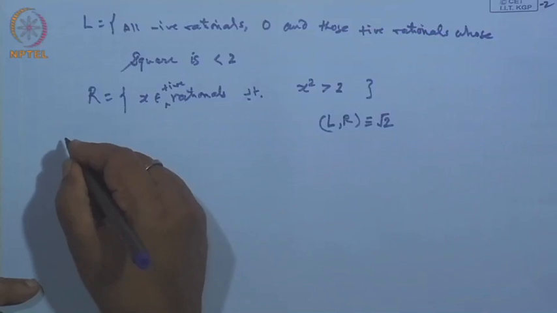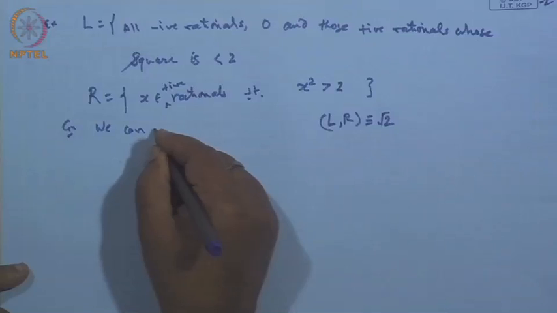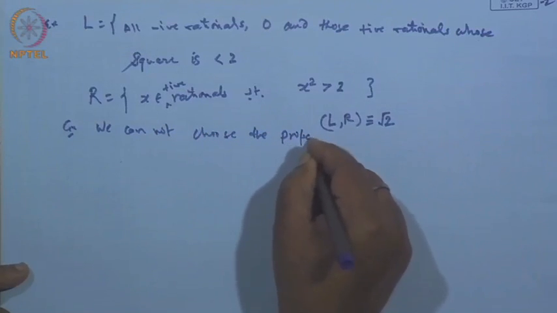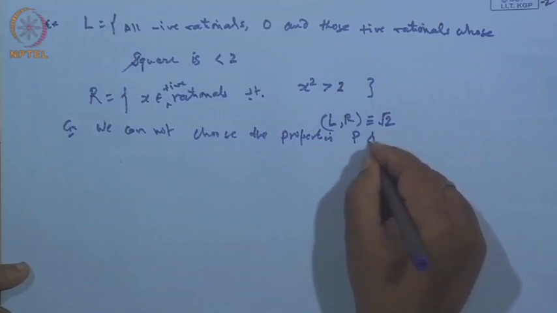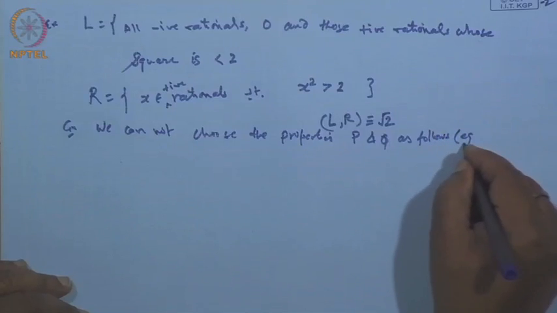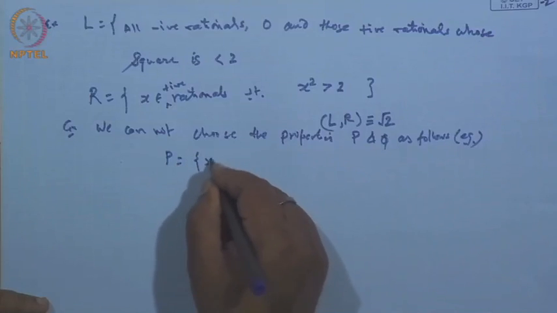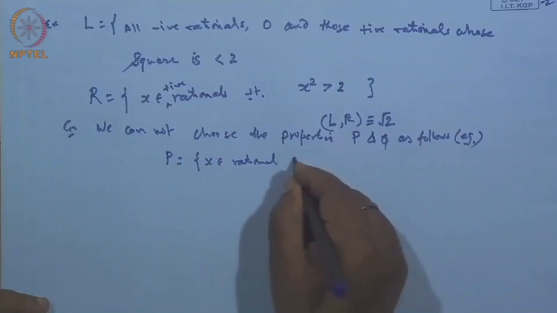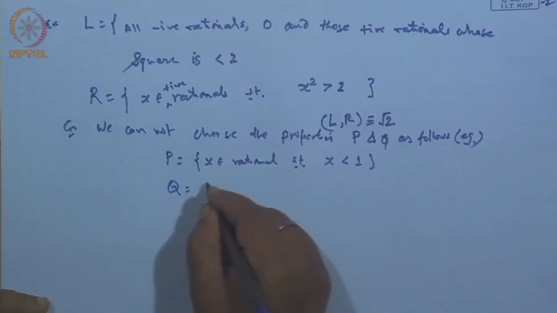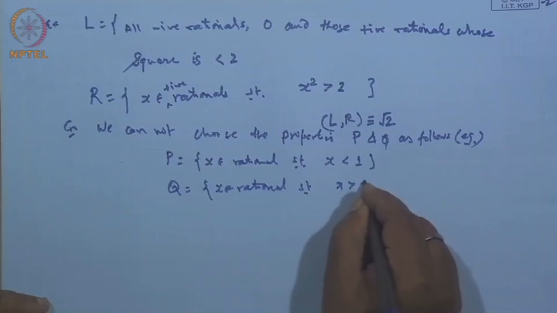The third case is, we cannot choose the properties P and Q as follows. For example, suppose I take the property P as the set of those rational x such that x is strictly less than 1, and the property Q as those rationals such that x is strictly greater than 1.